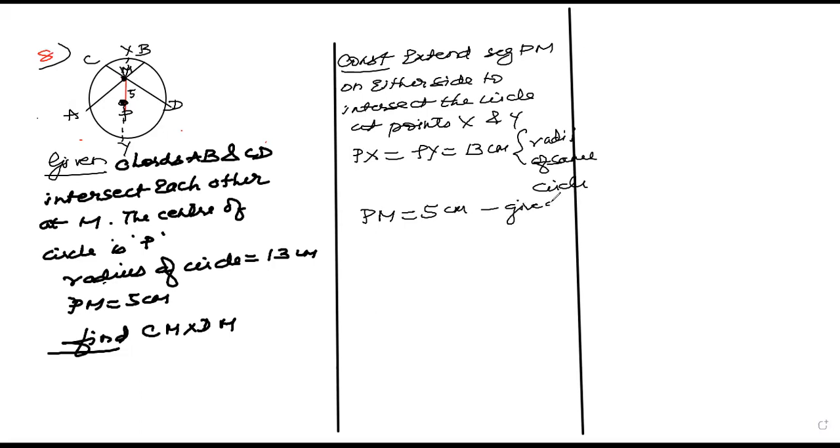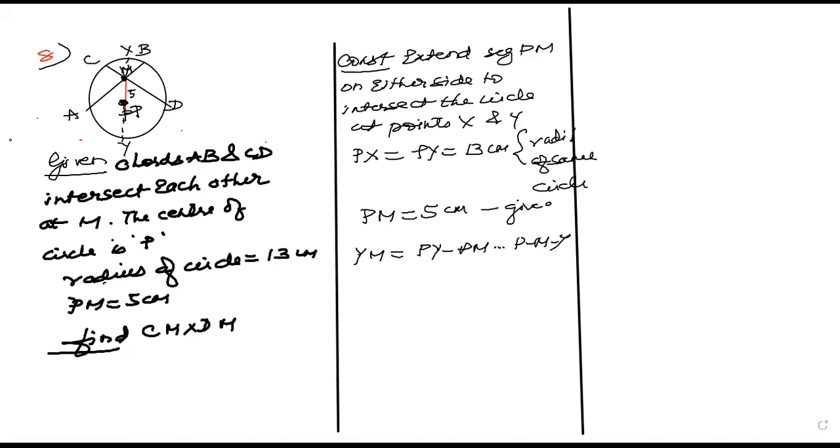So do they agree, children? Just have a look. From P to Y, PY is 13. A part of it, PM, is 5. So what is YM equal to?